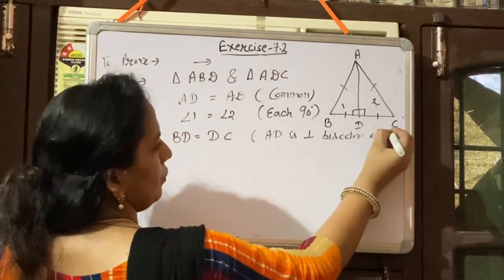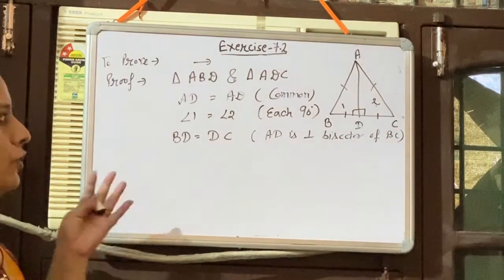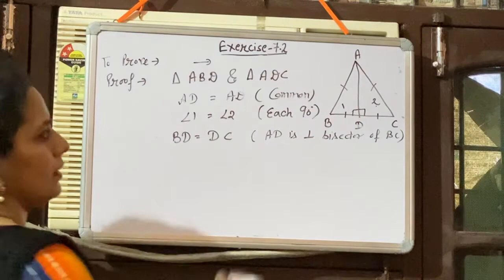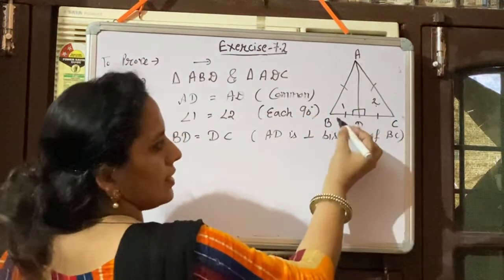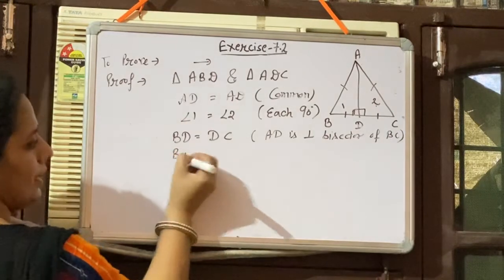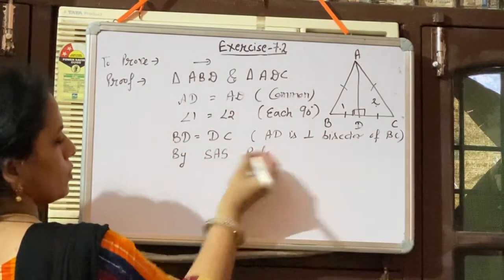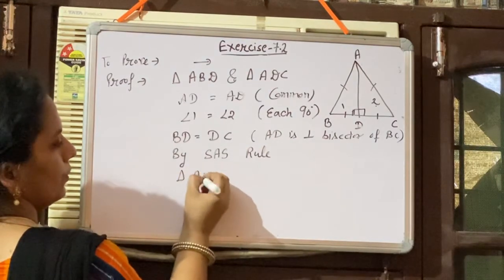of BC. So now find which rule is followed here. Side and included angle. So we can write here by side angle side rule, these two triangles are congruent.